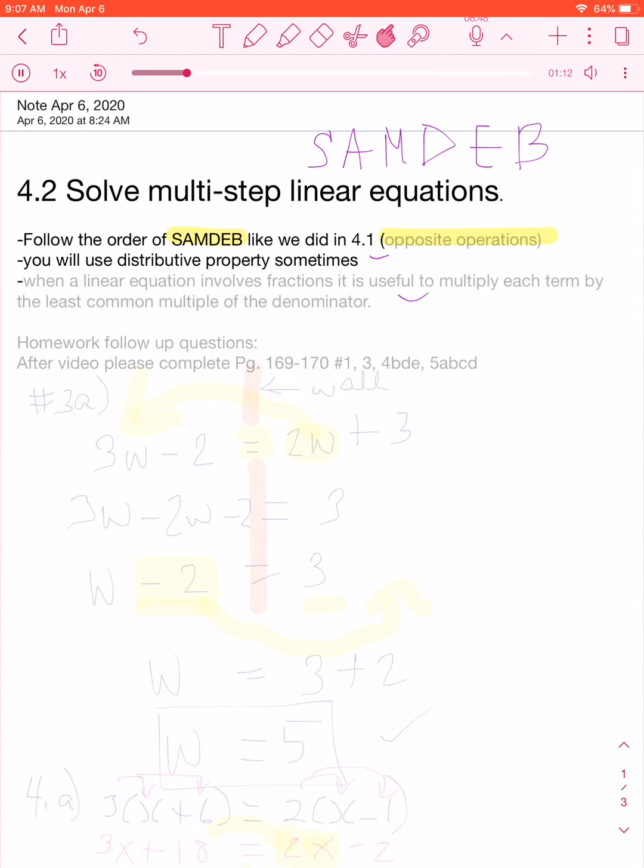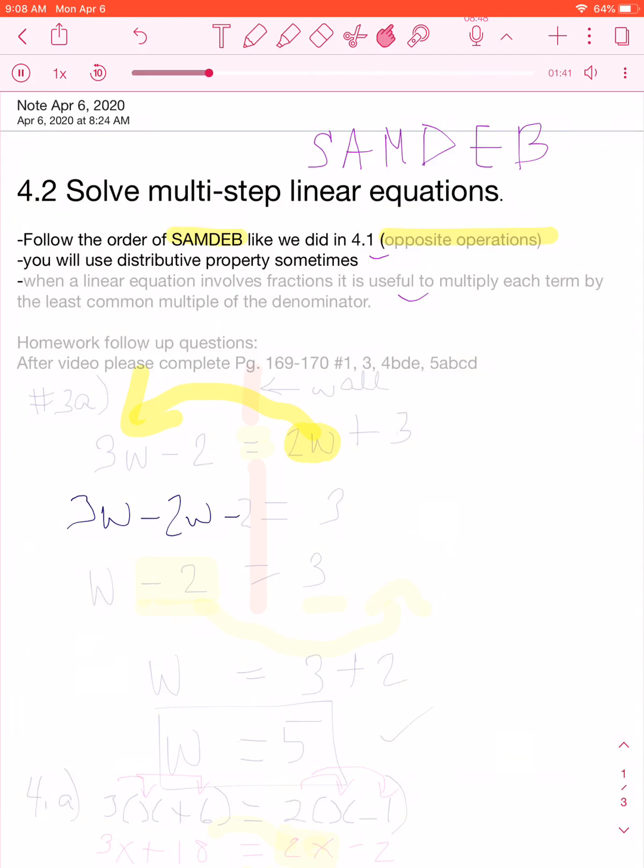On that wall, you'll notice there's a red wall just right here, and I want you to think of that every time you take a term and it crosses over that wall, it's going to change its operative sign. So for instance, when we have our 2w, if I was to move that term to the opposite side, that positive 2w now becomes a minus 2w.